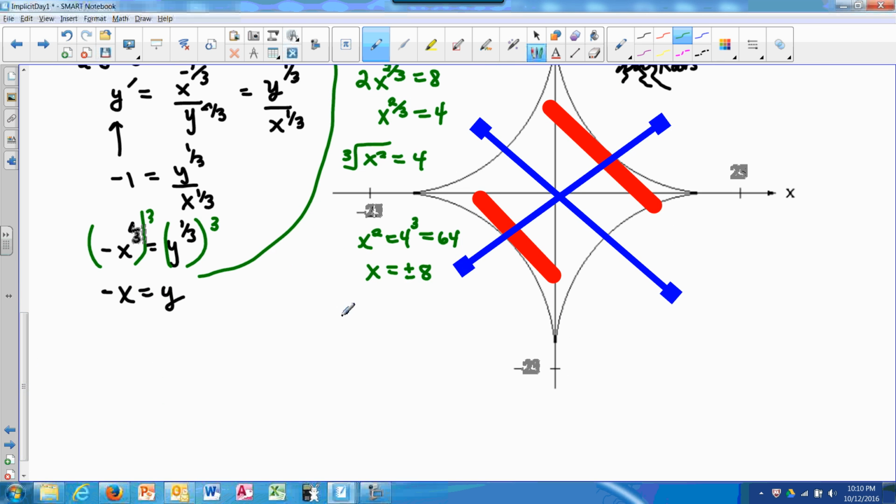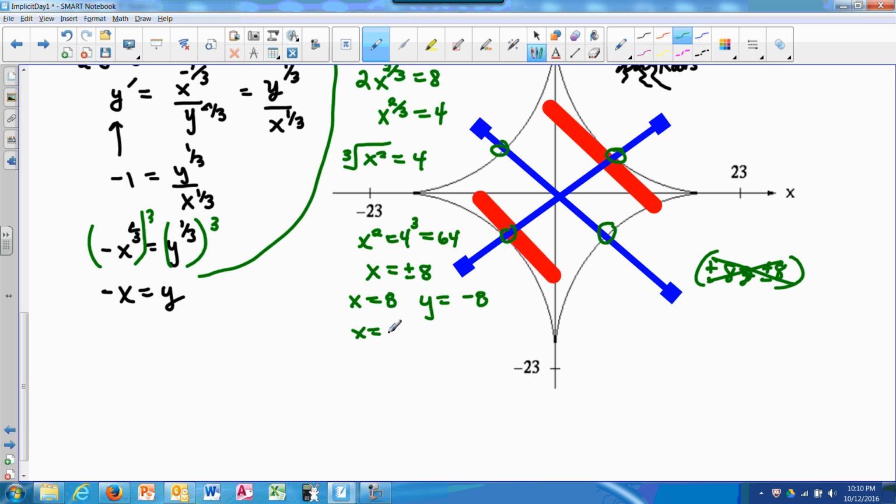Be very, very careful that you do not try to write this as plus and minus 8 and plus and minus 8 for the y value. That would be absolutely wrong. These 4 points are not all solutions. X equals plus and minus 8. If x equals 8, y equals the opposite of x, negative 8.